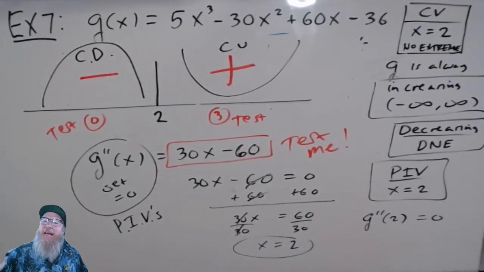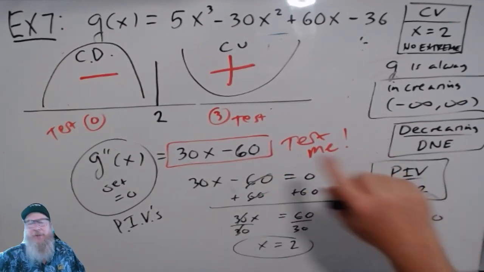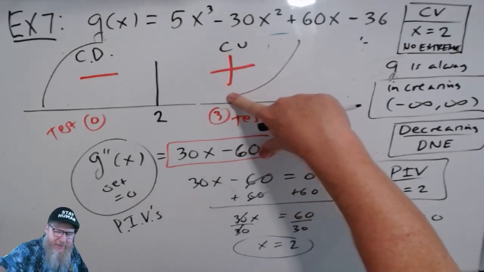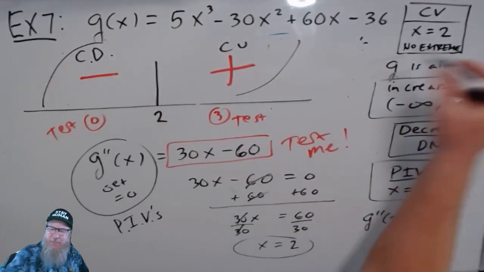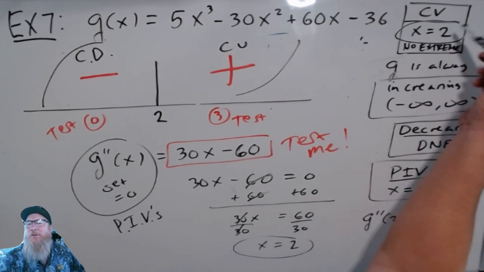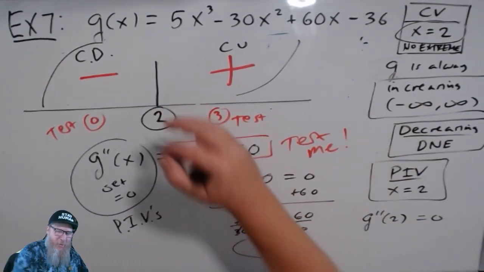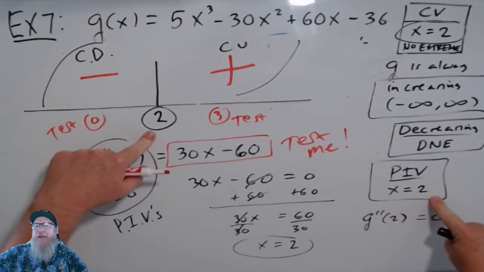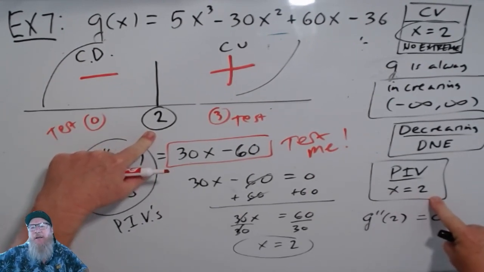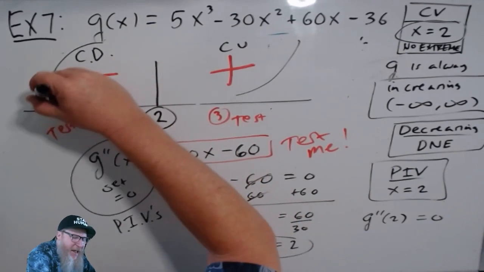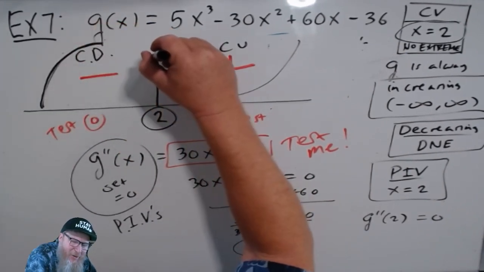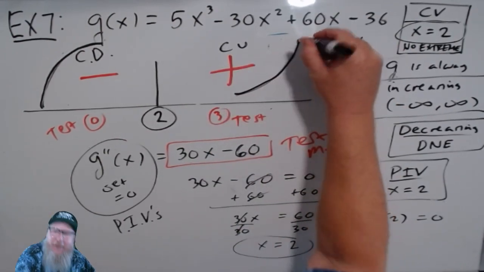And we will see when we actually draw this graph or something similar to this, that it doesn't quite turn all the way. It's more like this. And that's because the x equals 2 was also a critical value. So whenever a critical value is also an inflection value, then it does sort of half a turn, and then right at 2, it turns back up and goes back the other way.